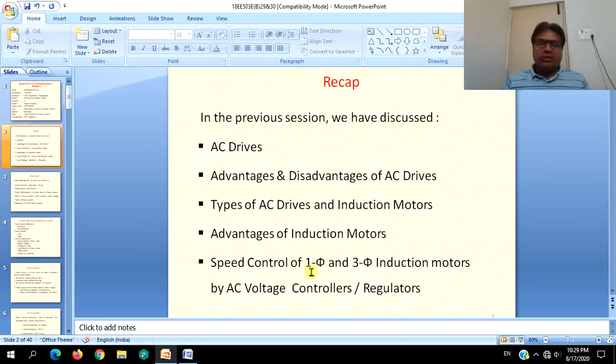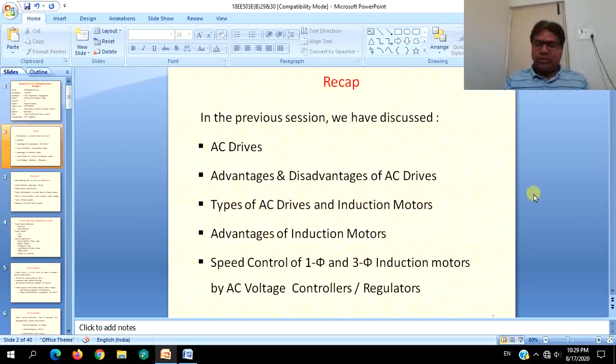Single phase was also discussed, but in the syllabus only speed control of three-phase induction motors is there, and that too only by AC voltage controllers or regulators. Other aspects were not there. Other basic definitions of AC drives, their advantages and disadvantages were all discussed in the previous session.